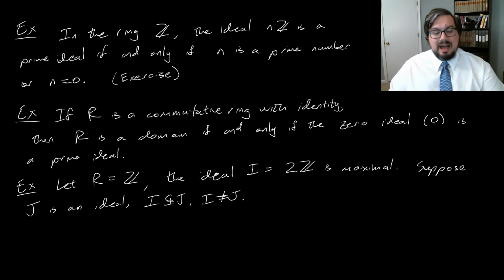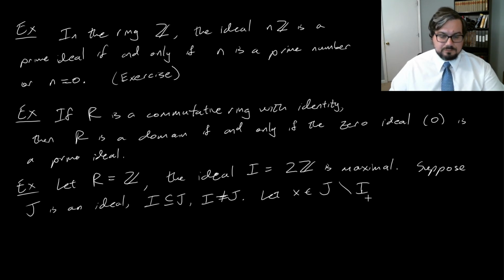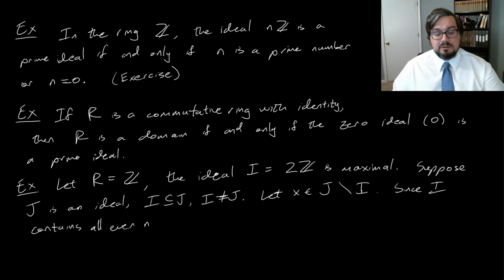So, because I is contained in J but is not equal to J, that means that we can find some element x that's in J but not in I. Now, since I contains all the even numbers, x is odd.